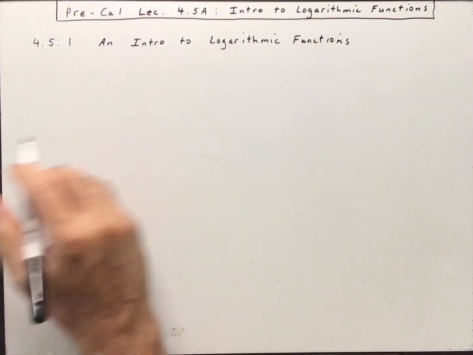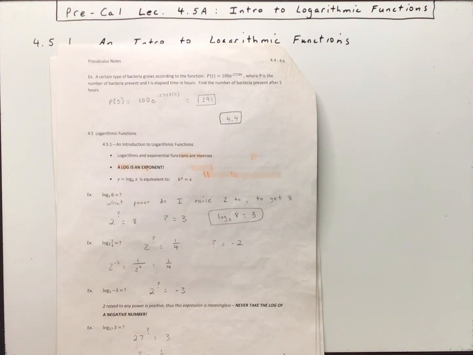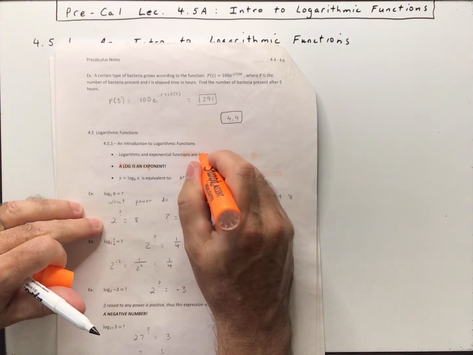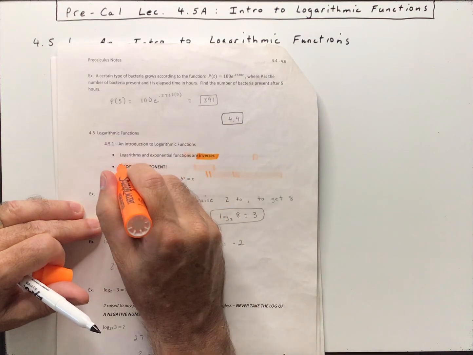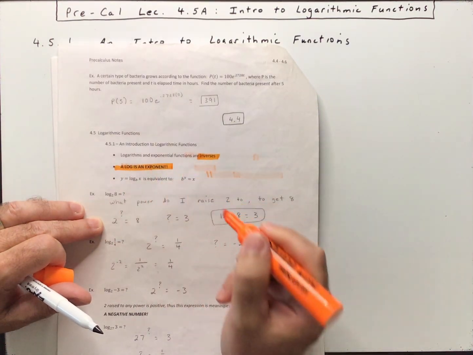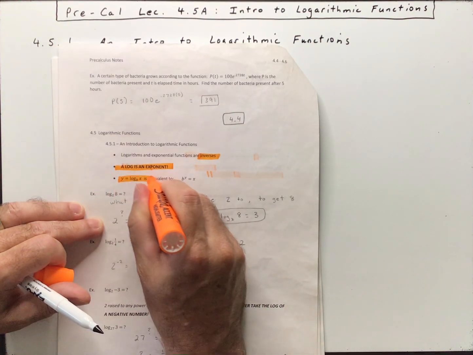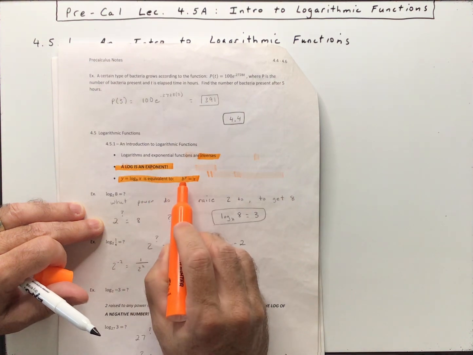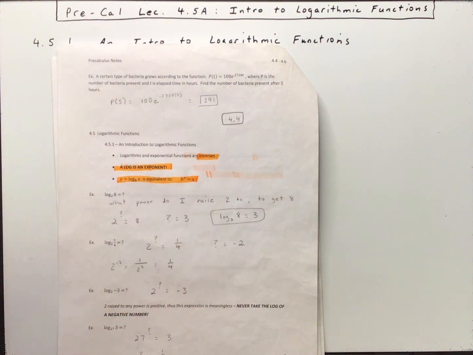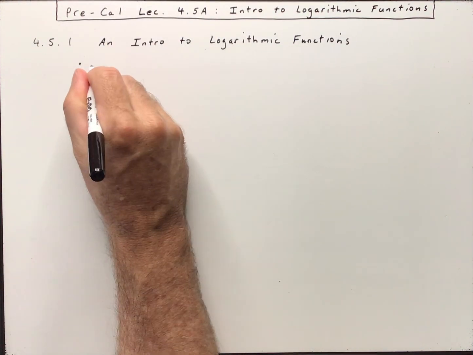So those bullets: logarithms and exponential functions are inverses. So you need to keep this in mind. A log is an exponent. So y is equal to log base b of x is equivalent to b, the base, to the y power equal to x. So let me write that down to emphasize that. So a log is an exponent.